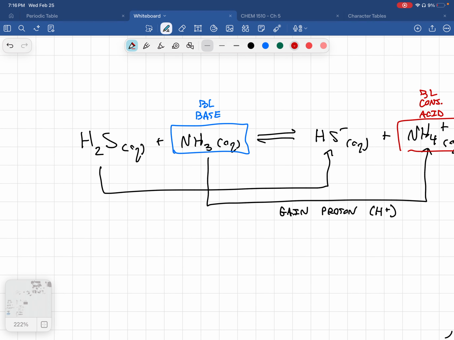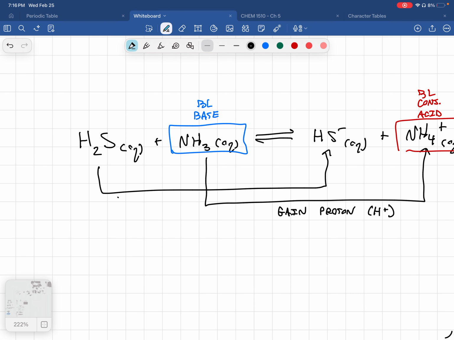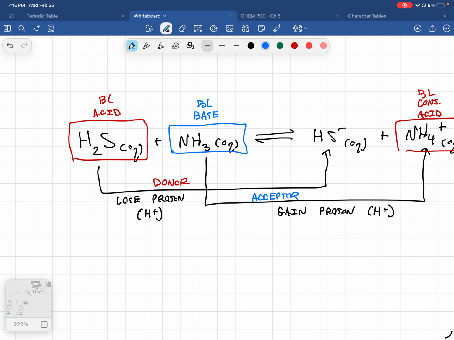That means our H2S is losing a proton from the reactant side to the product side, meaning that our H2S is our original proton donor and thus is the Bronsted-Lowry acid. In donating its proton, it becomes its Bronsted-Lowry conjugate base form.